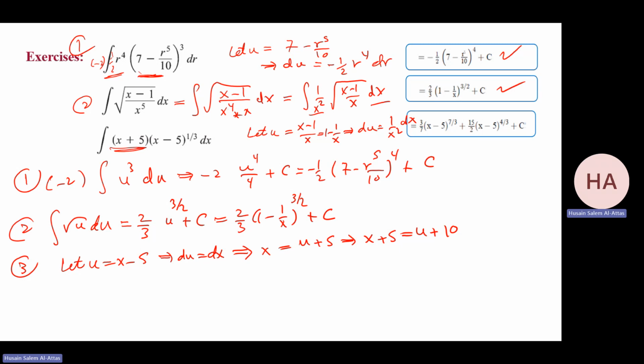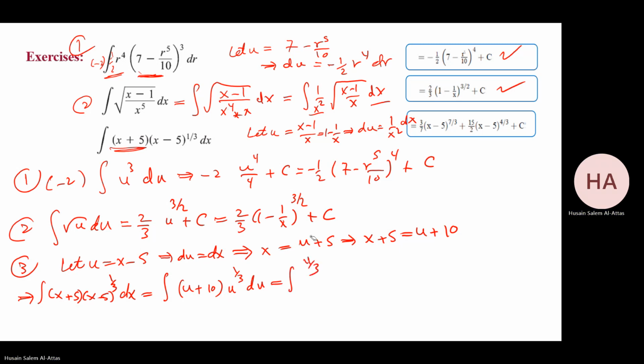So the integral of this will be x plus 5, which is u plus 10, times u to the power 1 over 3 du. Which is the integral of u to the power 4 over 3 plus 10 u to the power 1 over 3 du.